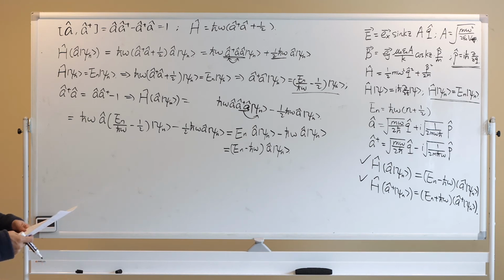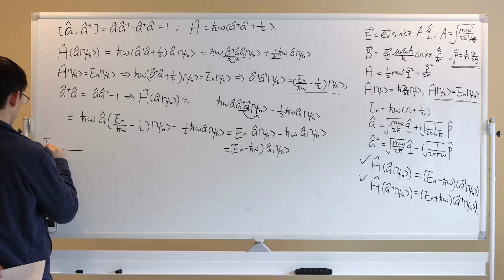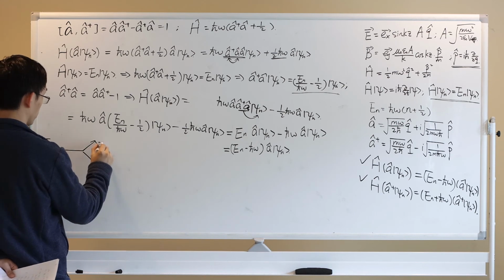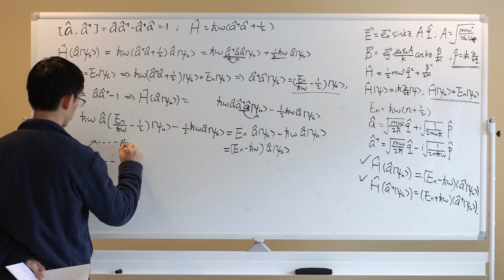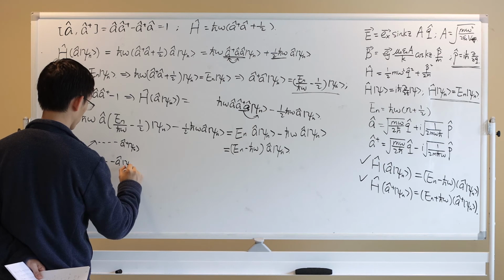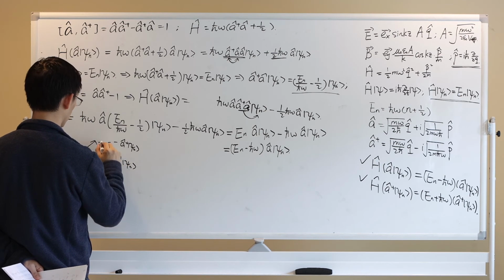So now if you start from an En state, then you can generate two more states, a dagger psi n and a psi n. This energy is En minus h bar omega, and this energy is En plus h bar omega.